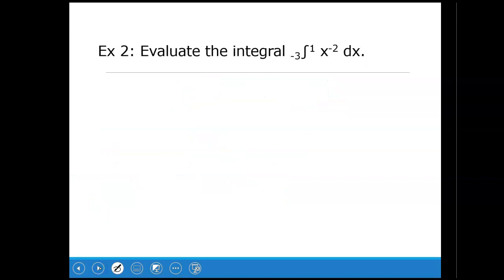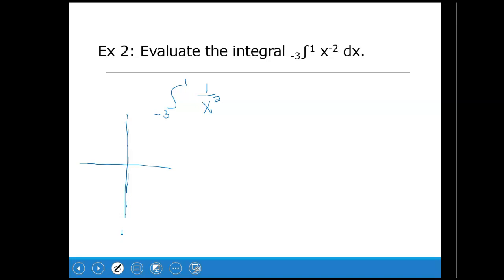Same idea, different function. So what is the net change of the integral from -3 to 1 of 1 over x squared? So again, taking into account 1 over x squared, this is going to have a vertical asymptote at 0. So is that curve continuous on that interval? Can I find a net change? No. So you can only integrate functions that are continuous.